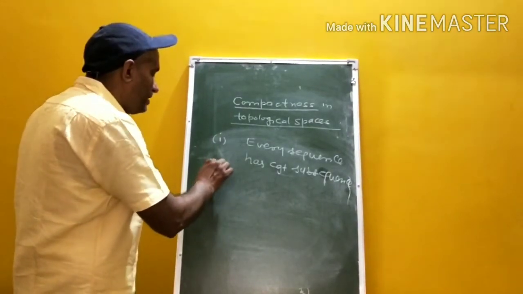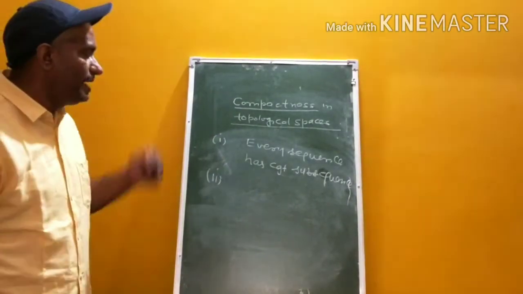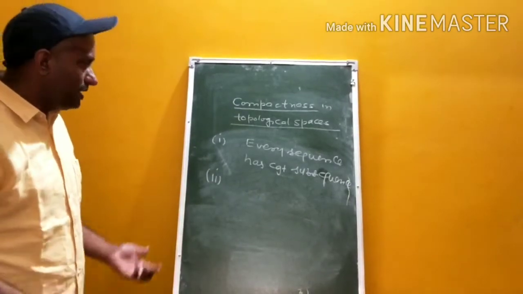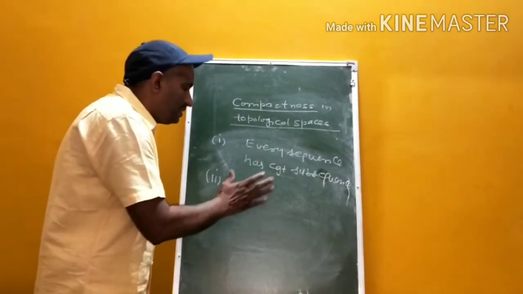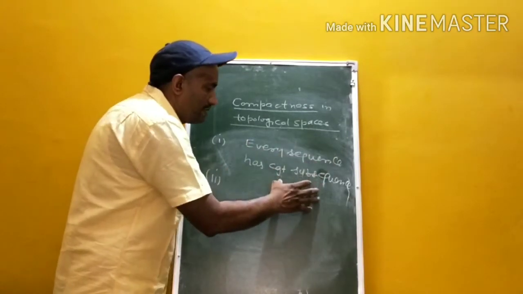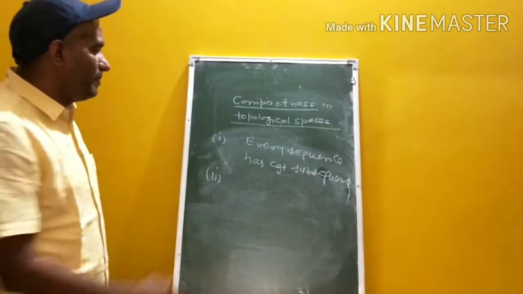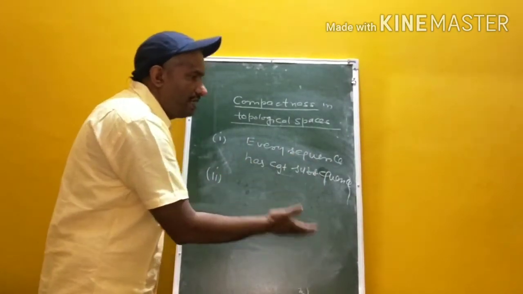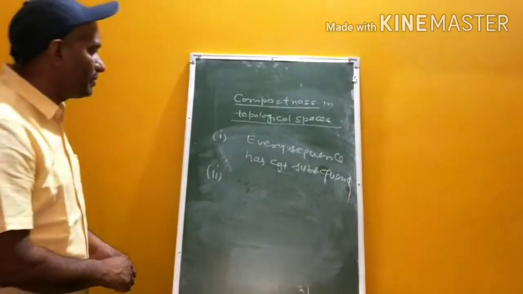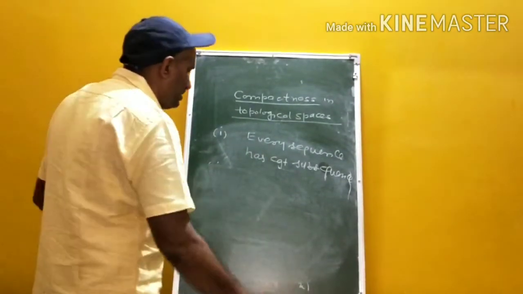Second, if every open cover has a finite subcover. So mostly in metric space we will deal with every sequence having a convergent subsequence, or every open cover having a finite subcover. Now we come to topology.